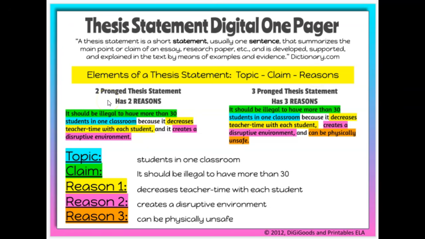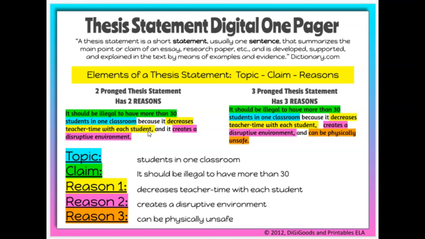In this workshop, we are going to discuss a two-pronged thesis statement, which has two reasons, and a three-pronged thesis statement, which has three reasons. Both types of thesis statements have one claim, one topic, but the only difference is that a two-pronged thesis statement will argue 2 points of reason, and the three-pronged thesis statement will argue 3 points.